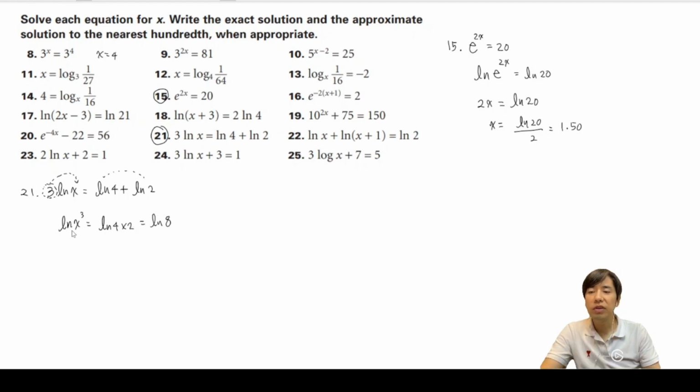Now what you have is natural log on the left hand side and natural log on the right hand side. So cancel these ln's from each side. So you end up with x cubed is equal to 8. So x is 2. Easy.